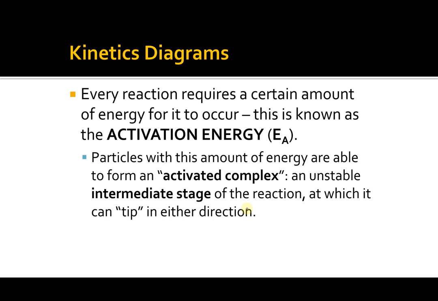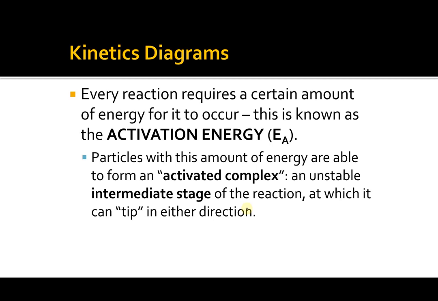It's what we call an intermediate stage of the reaction, because it's in that very small moment between the reactants and the products. And when you're at that intermediate stage, the reaction can continue forward, or it can tip backwards to the original reactants, and you'll have what you started with again. And so we call it a tipping point. That activated complex is an intermediate stage. It's a very unstable and very temporary tipping point in the reaction.